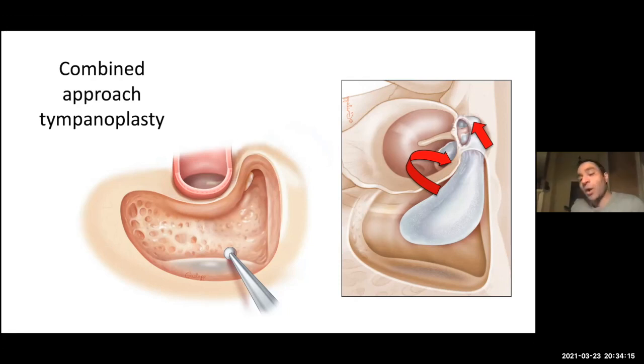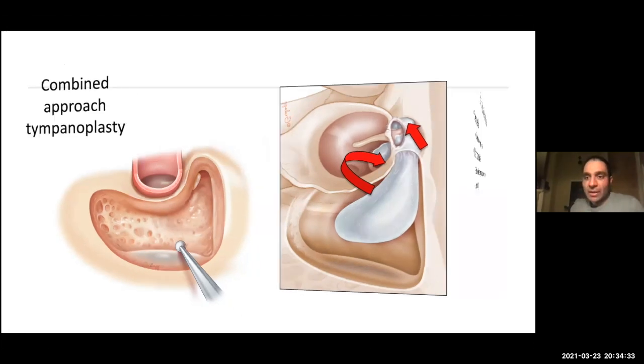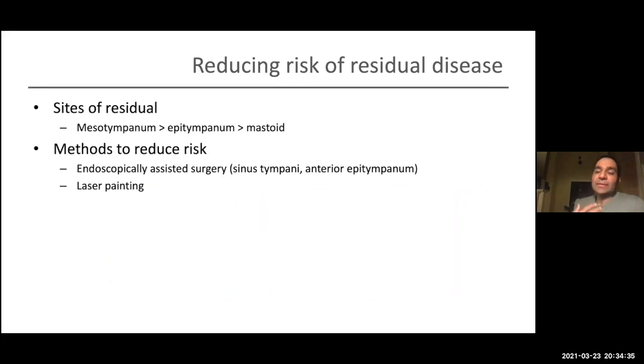But having a canal wall in the way there doesn't help. A wall down approach does help a little in visualizing that area. So the main disadvantage surgically at the time of operation with the wall up approach is your inability to access some slightly difficult areas. And if we look at residual disease, so that is tiny bits of cholesteatoma left behind.